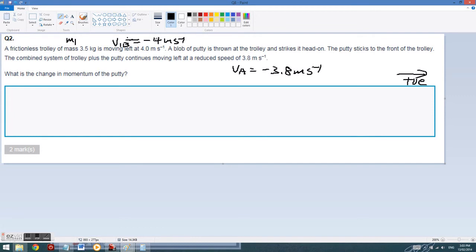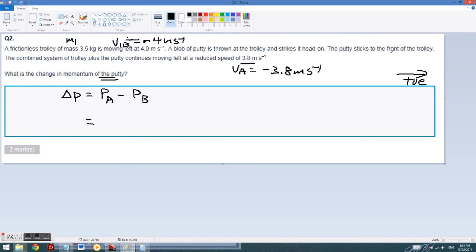In this particular question, the minus sign doesn't play much of a role, because they all move to the left. But just as a habit, I still put a minus sign there. What is the change in momentum of the putty? The change in momentum will be the momentum of the putty after, take away the momentum of the putty before.